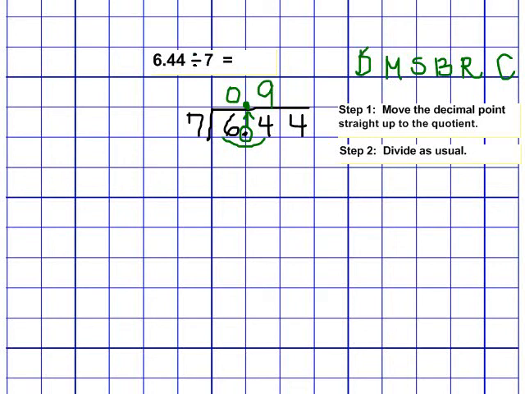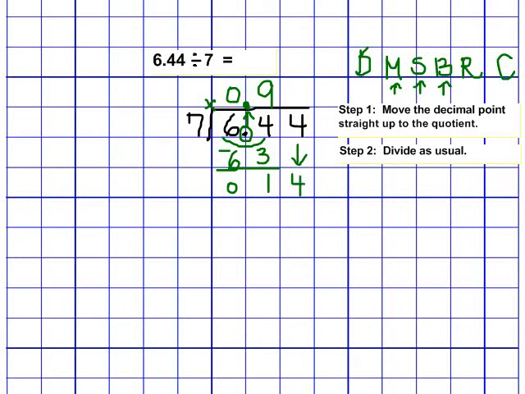Done with that. So I'm going to go into Mom. 9 multiplied by 7 is 63. So Sister reminds me then that I need to subtract. 4 take away 3 is 1. 6 take away 6 is 0. Then Brother, right next to Sister, reminds me that I need to bring down the 4.